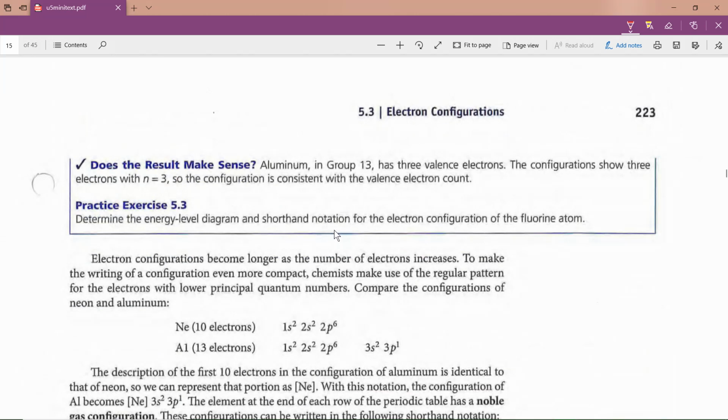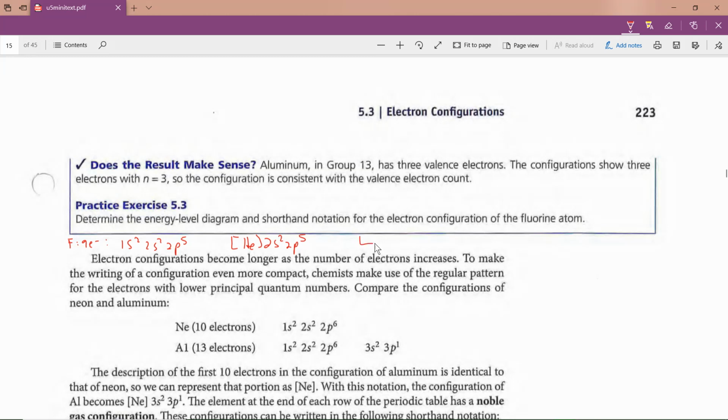Well, shorthand notation, let's just get the electron configuration for fluorine. 9 electrons in all ways that we know. How about that? So 1s2, 2s2, 2p5, that's one way. Or we can write it as helium, 2s2, 2p5. There's really not much of a savings in terms of an abbreviation like that.